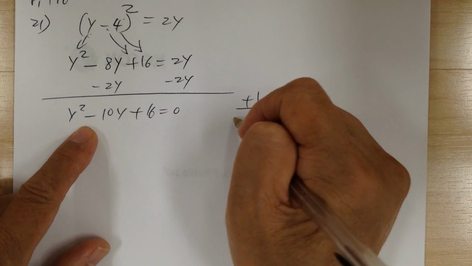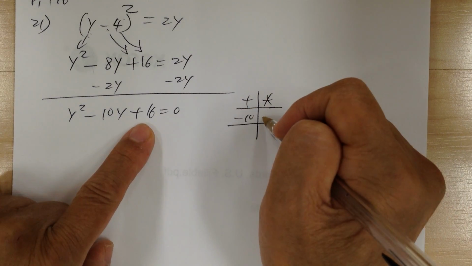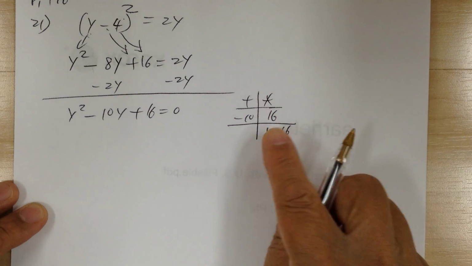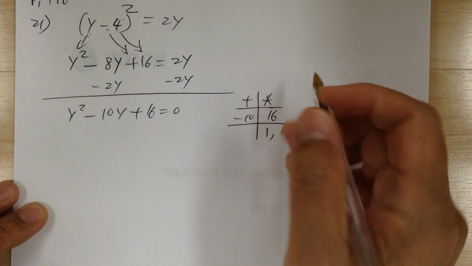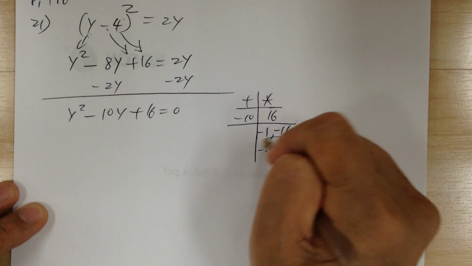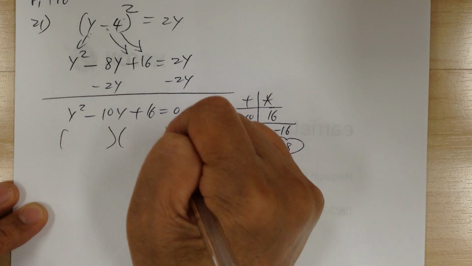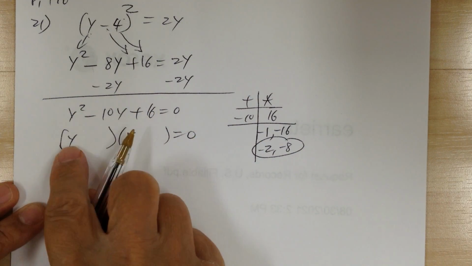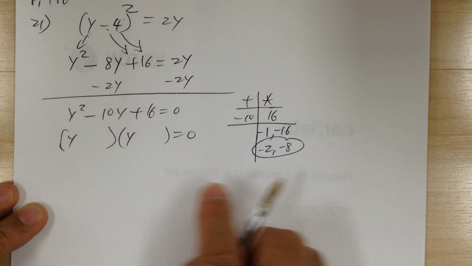Okay, so you have to add to get negative 10, and you have to multiply to get 16. So you start with 1 comma 16, but if you use positive, you're not going to get the negative, so you have to use negative. Okay? And then you go negative 2, negative 8, and that's it. First, you have to undo the first term, so y squared, you need to break into y and y.